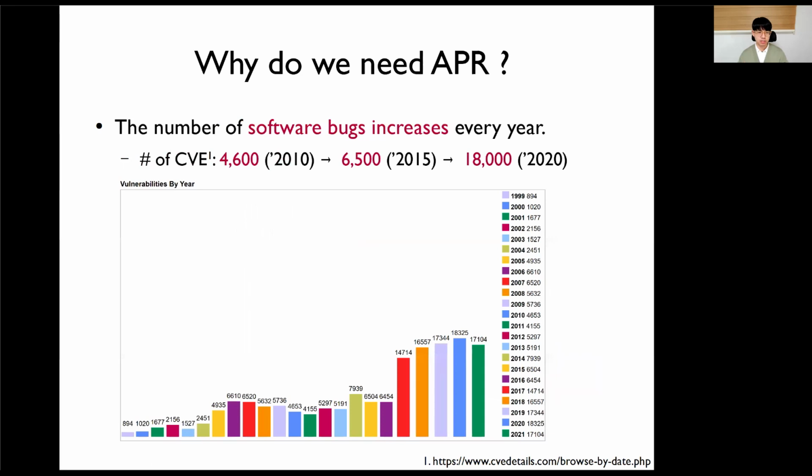The second reason is also obvious. The number of software vulnerabilities increases rapidly every year. This graph shows the number of CVEs for each year.